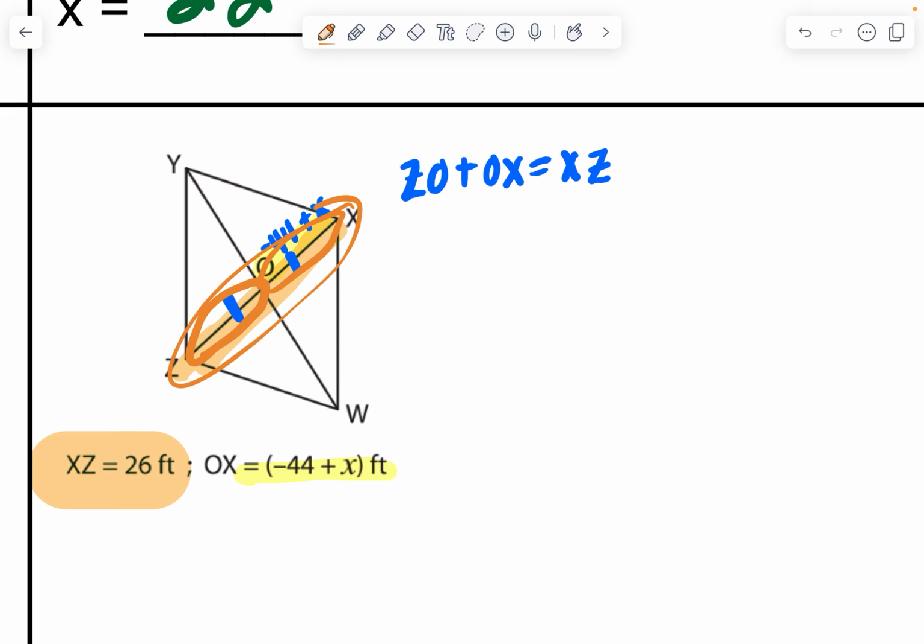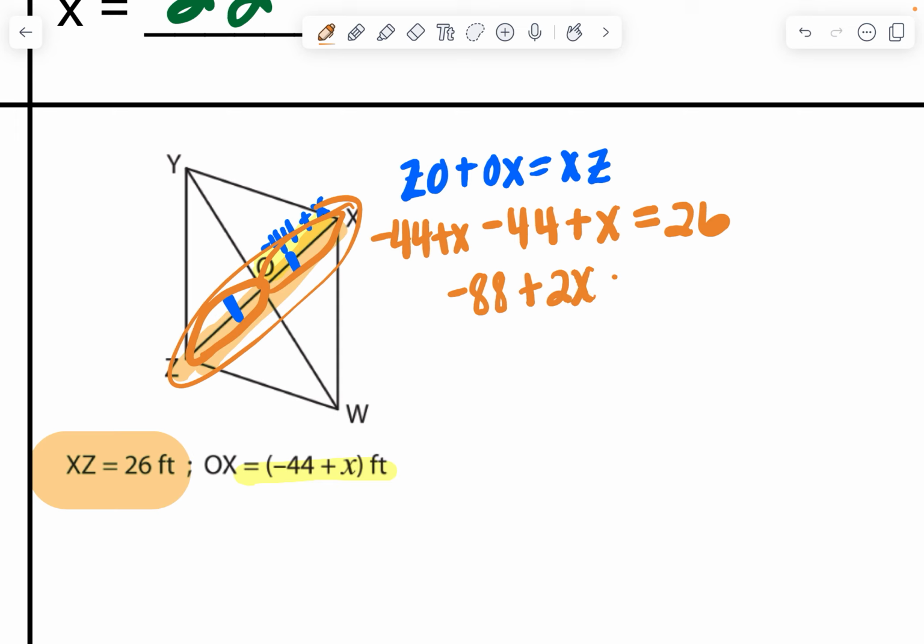Well, I know that OX is negative 44 plus x, which means OZ or ZO is also negative 44 plus x. And XZ is 26. So if I combine like terms here, I get negative 88 plus 2x is 26.